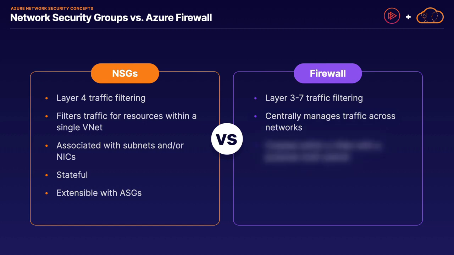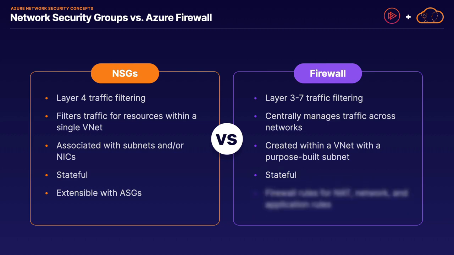And Azure Firewall is created within a virtual network inside of a purpose-built Azure Firewall subnet. And this firewall also has stateful features for determining traffic to be allowed inbound and letting the return traffic outbound and vice versa, much like network security groups.